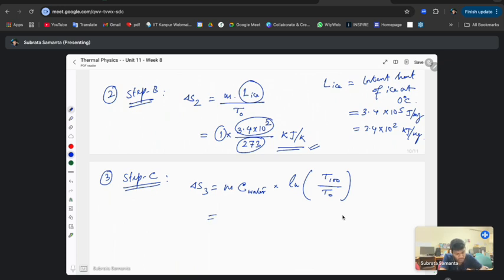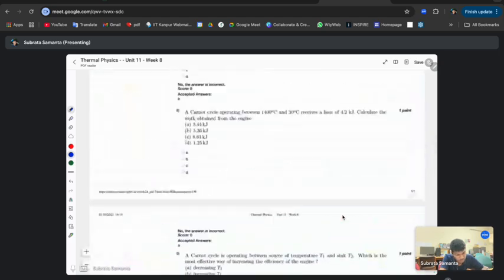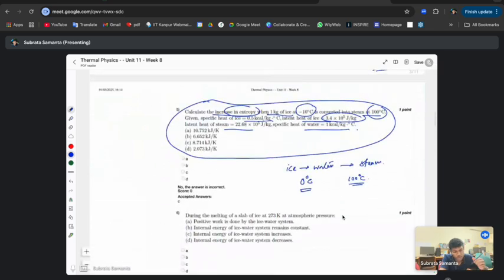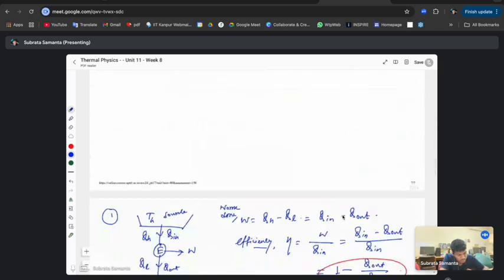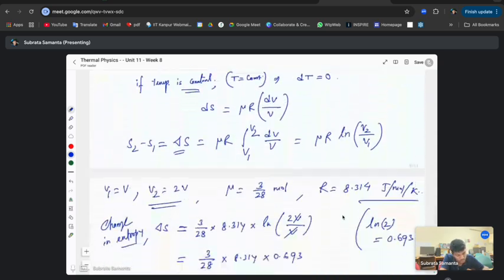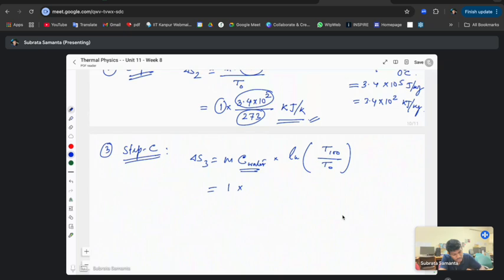So again this is 1 kg, so 1 times the specific heat of water, which is also given in the problem. Basically the specific heat of water is 1 kilocalorie per kg times degree centigrade, but I converted kilocalorie to kilojoule.